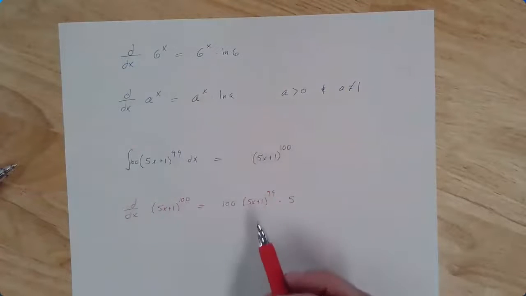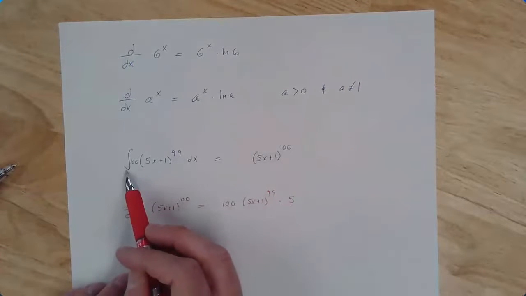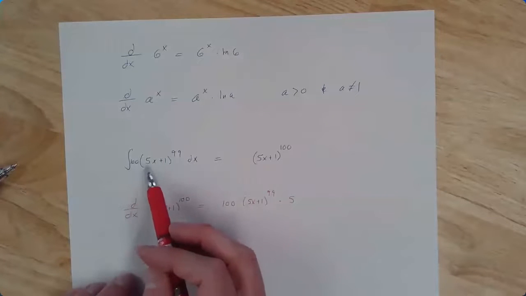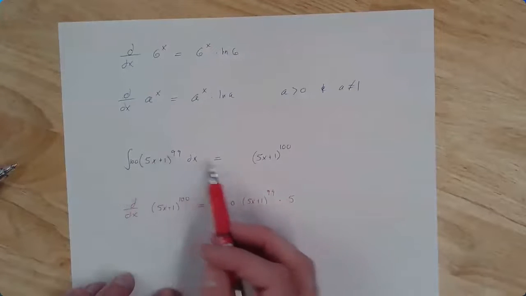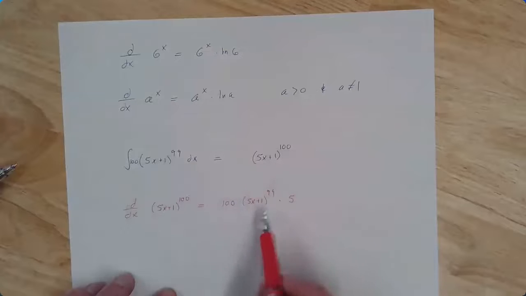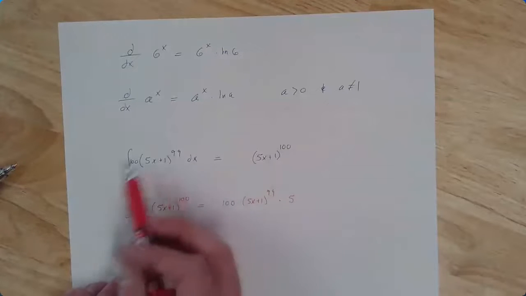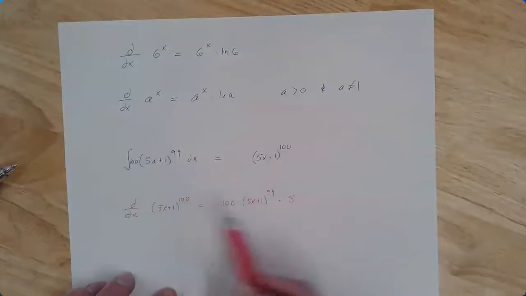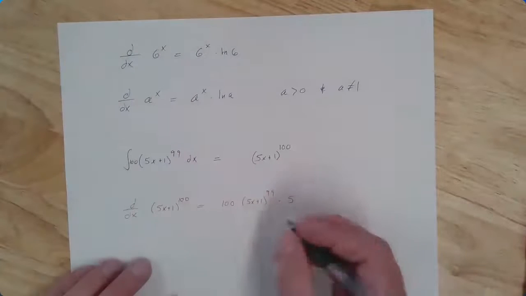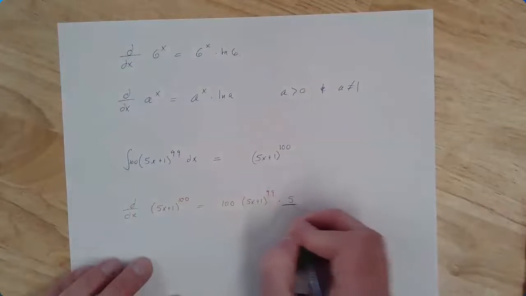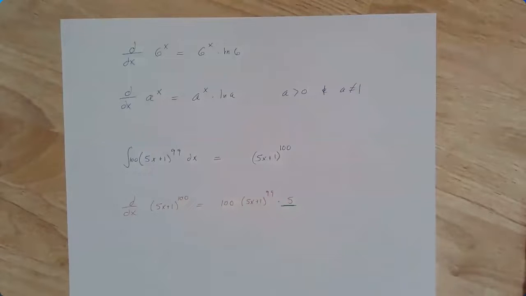So the problem is, if the antiderivative of 100 times (5x+1) to the 99th is going to equal a thing, its derivative should equal the original function I antidifferentiated. But I'm off by this factor of 5. So I'm going to divide by 5 to make up for it.